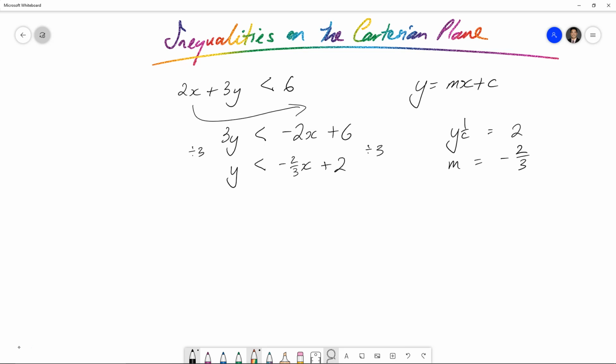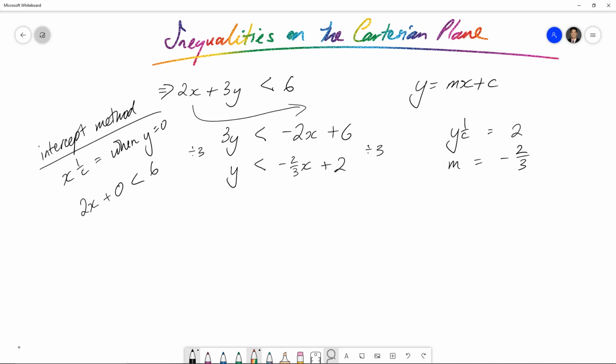Now, there is the intercept method because we are just sketching. So we find what our x-intercept is when y is made 0. So if we substitute it into this equation, 2x plus 0 is less than 6.